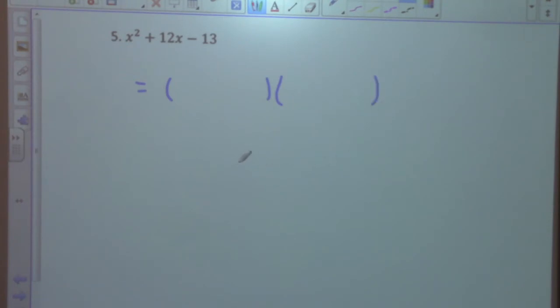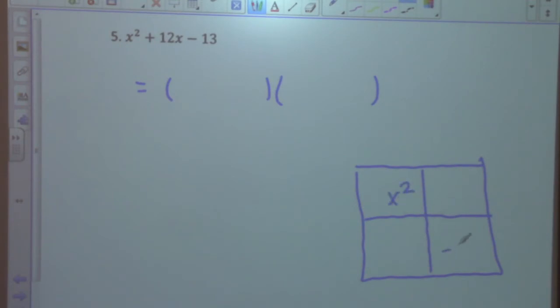So I did the box. Oh, you did a box like this? Yes. I don't know how to do the bottom. And then I put x squared, perfect, and then 13x and then negative 1x.